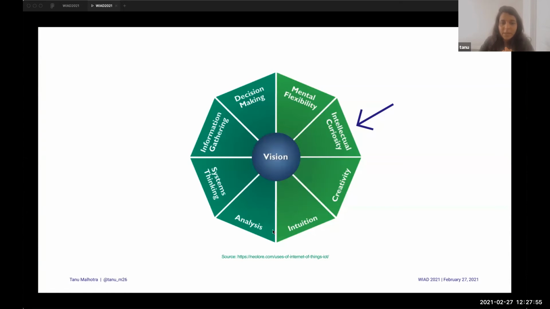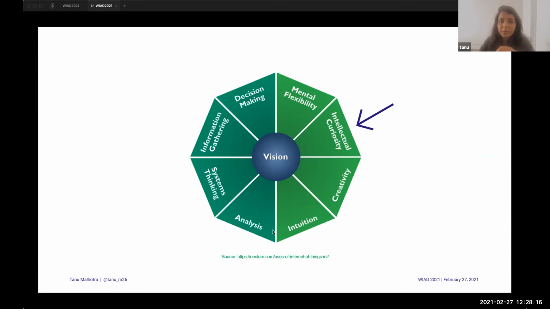As designers, a lot of us already have a lot of these things in place: systems thinking, information gathering. We are also good at decision making, around which design would work best for the users. We can really analyze information.